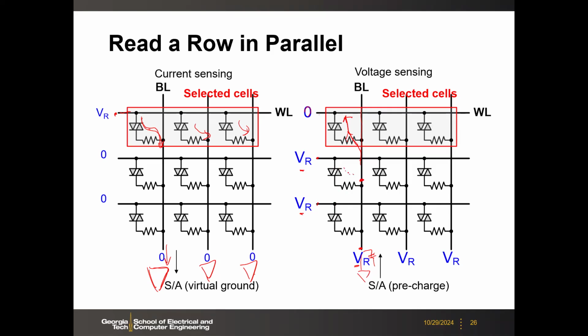So it could generate some sneak path to the bit line in this voltage sensing mode. So we have to cut off those, okay? That's the role of this selector. We'll talk about that later. So this is the voltage sensing, okay? Any questions? And later we will talk about the actual circuits for the current sensing and voltage sensing in terms of the transistor schematic.